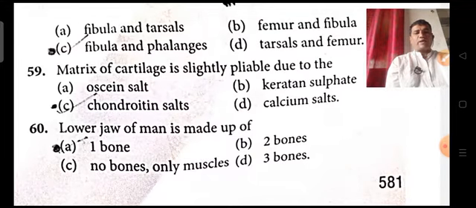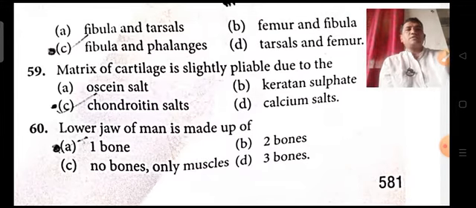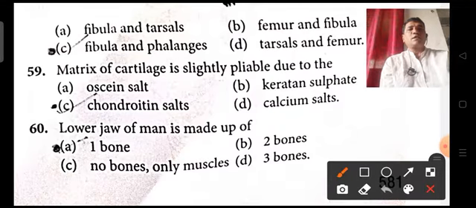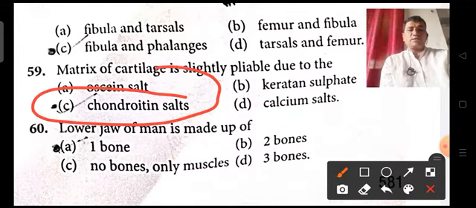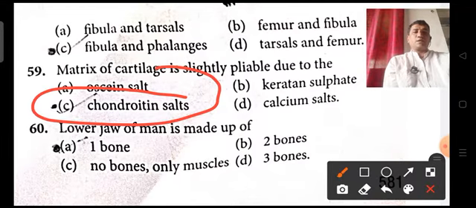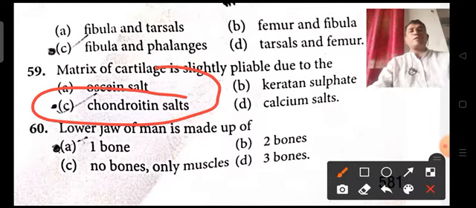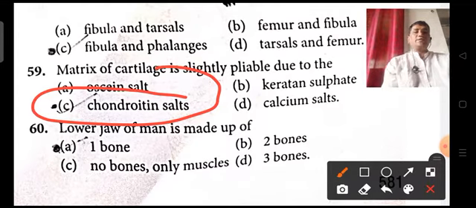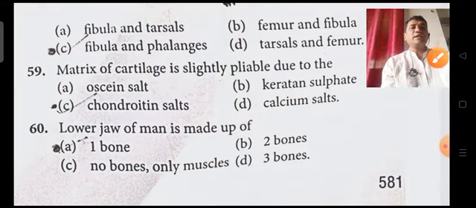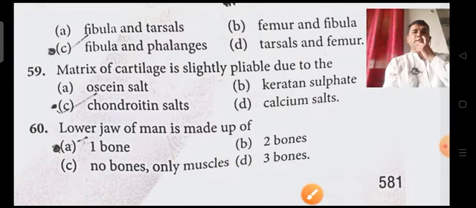Calcium salts are in bone, and the answer for this question is chondroitin salts. This is present in the cartilage. They provide resistance to compression, thus making it slightly bendable. Pliable means bendable, and because of this property it is flexible in nature.